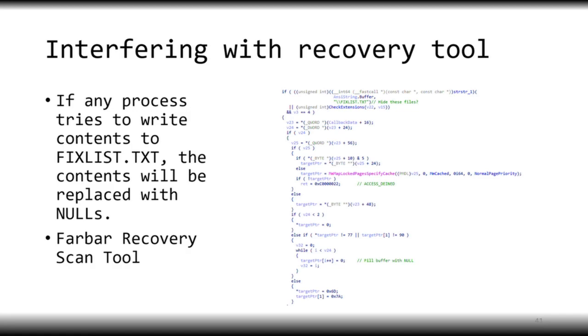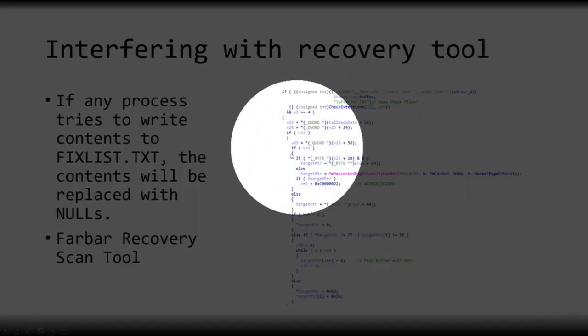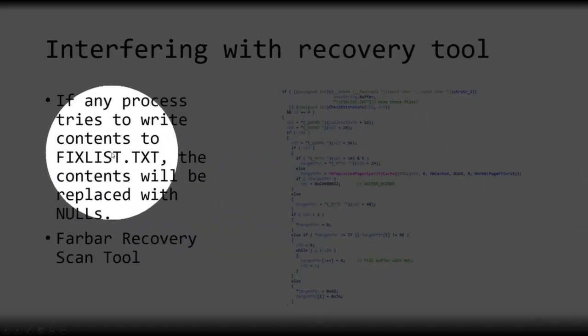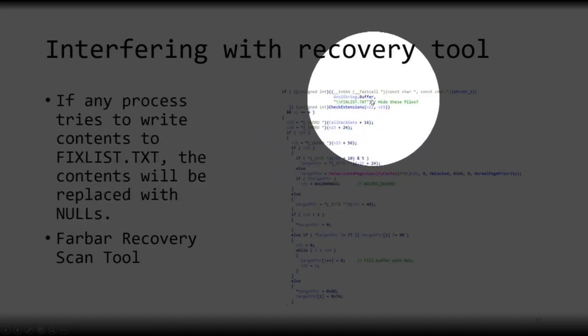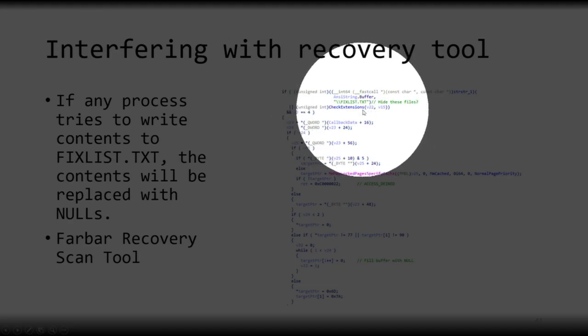I was really curious what it is doing. It's a really small module, but this module is targeting just one security product. It is interfering with any file writing operation with the file fixedlist.txt. If you look at this driver code, there is a fixedlist.txt. So this module is all about this file.